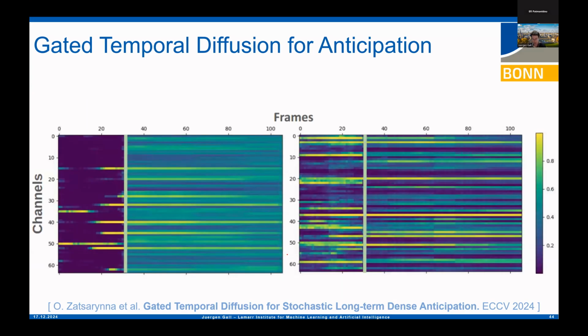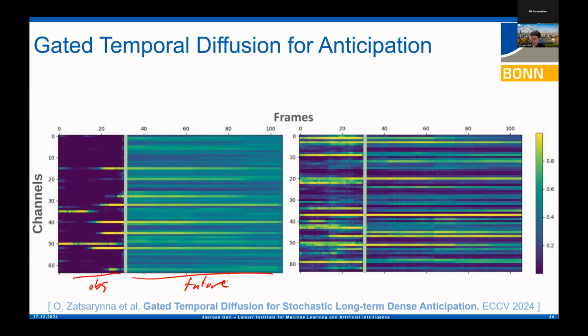And if you now look at the gate values, we see a clear pattern between what is happening in the observation part and what is happening in the future frames. So this is my observation part, and this is my future. And here you see the visualization of the gate values. Yellow means the gate value is close to 1, and dark blue means the value is close to 0.